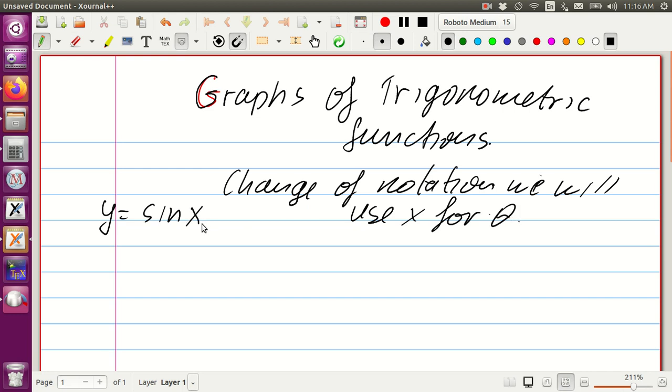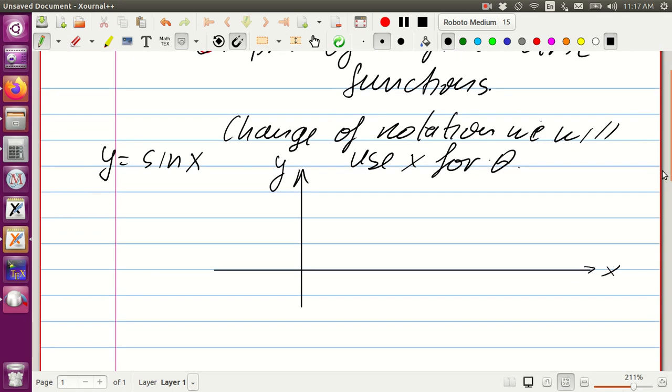So I'll put here x. And what's the reason? Because I don't want to move around the circle anymore. I want to put a graph in the xy plane, and so my variable is x. So it will be a little bit confusing because of the notations that we used for the unit circle.